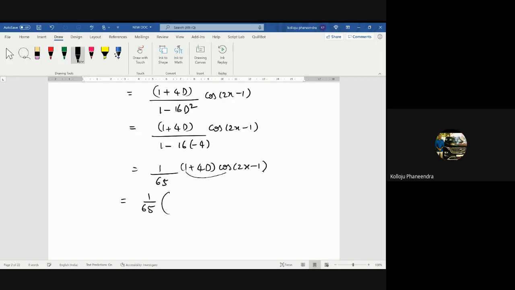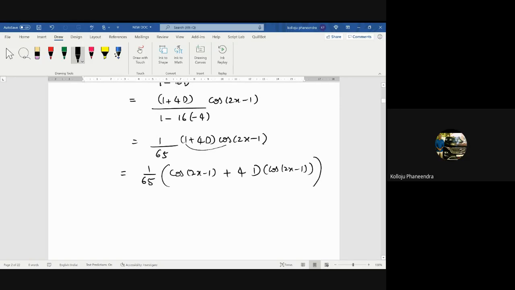Now let us take this one. 1 into this is cosine 2x minus 1, plus 4 into the derivative. D stands for what? Derivative. This d is nothing but d by dx. So 1 by 65 cosine 2x minus 1 plus 4 into, what is the cosine derivative?